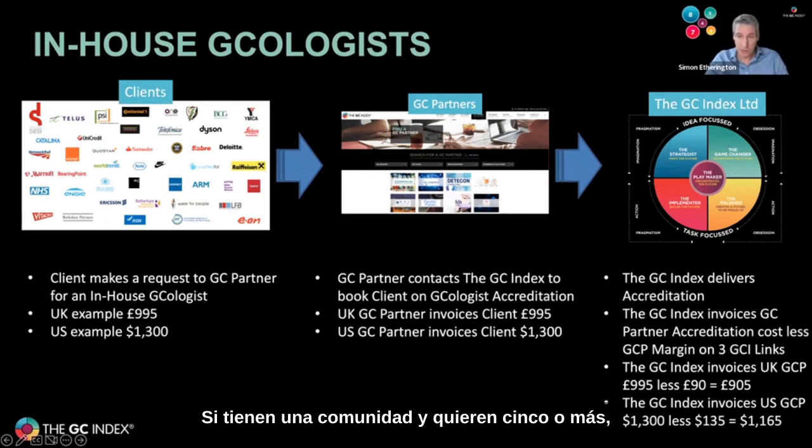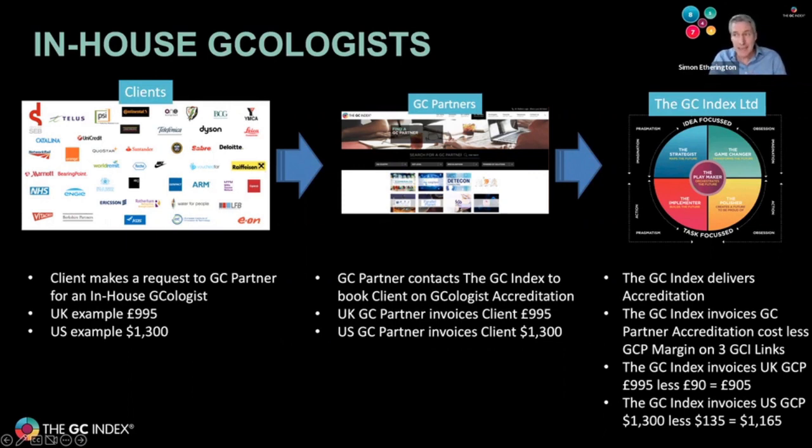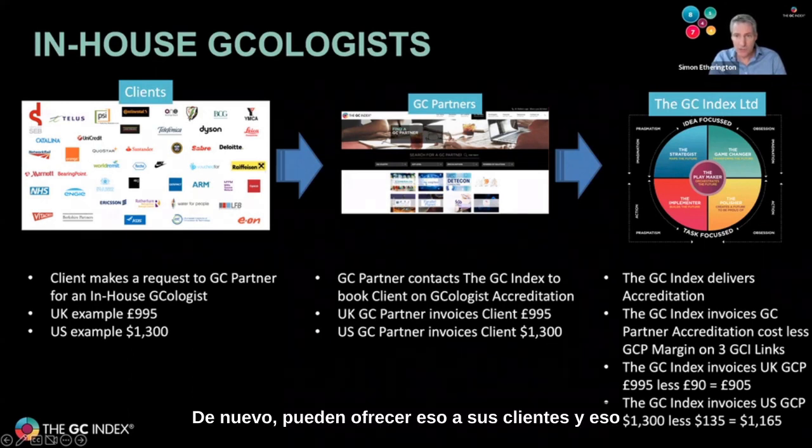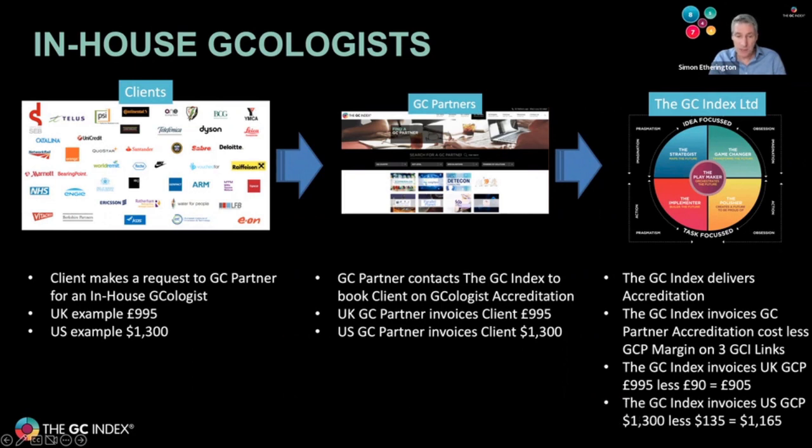So if they've got a community and they want 5 or more, we can do it as a client only one. So again, you can offer that to your clients, and that could be either online or in London, or we can do it in other places as well, with travel costs on top. But just come to us if you want to do that. But yeah, the £795 still requires.